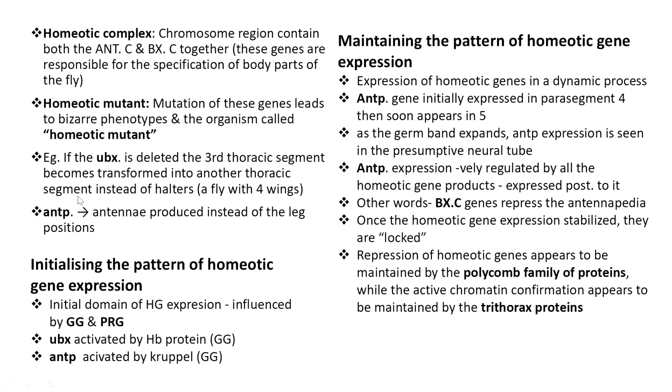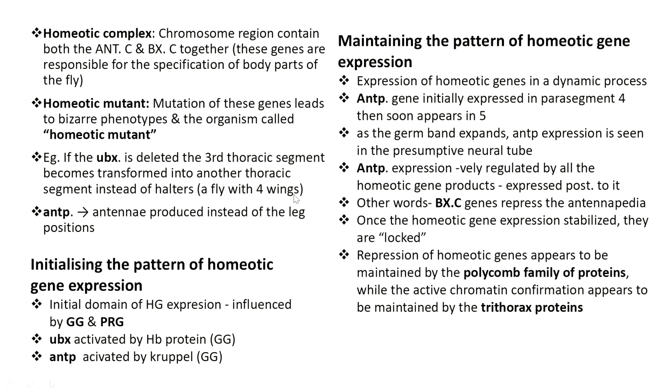The halters are produced from the third thoracic segment in addition to the third set of legs. So the deformed segment can also produce one more leg, but the halters become absent. That will be the result of the mutation of this ultrabithorax gene in the homeotic selector gene.